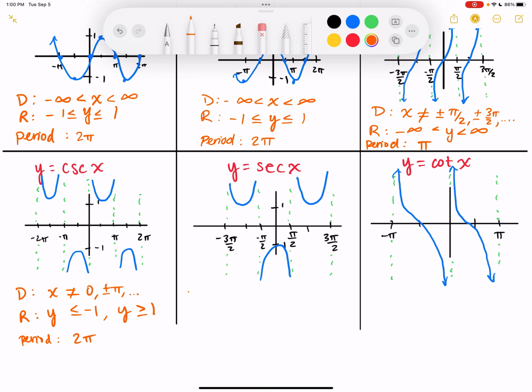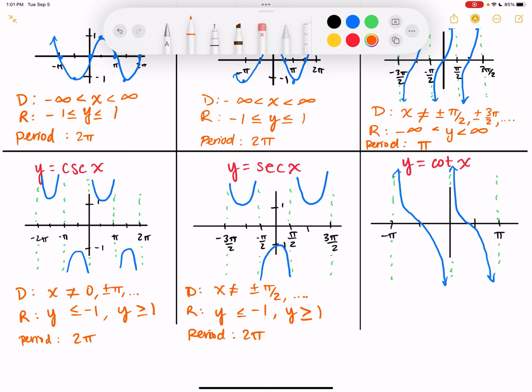Secant, domain, x not equal to plus or minus pi over 2, and so on and so forth. Any increment of pi over 2 is not in the domain. Range, y less than or equal to -1, y greater than or equal to 1. Period is 2 pi.